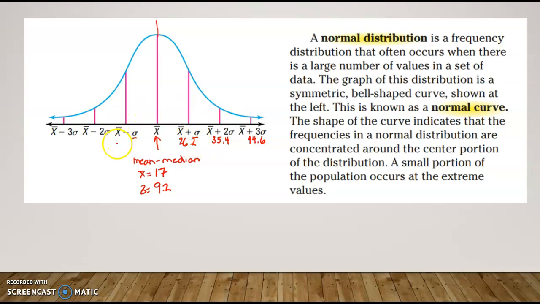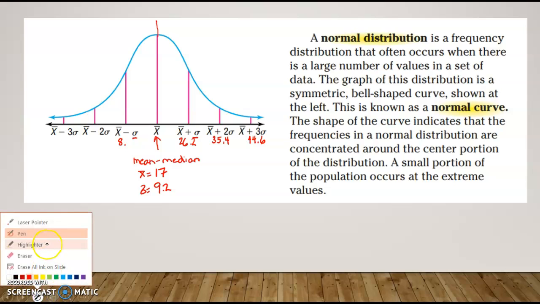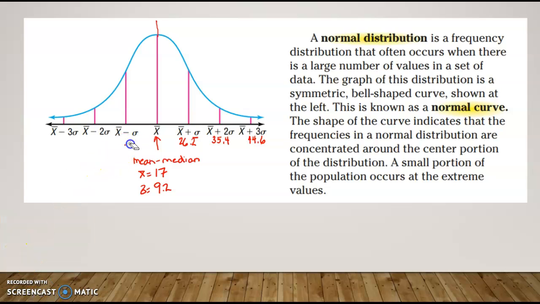On the other side, what you've got is 17 minus 9.2 is 7.8. Sorry, that wasn't well thought out of me here. We're going to run out of stuff. You normally have plenty of ways to do this and not end up in the negatives like I am. But 17 minus 9.2 is 7.8.